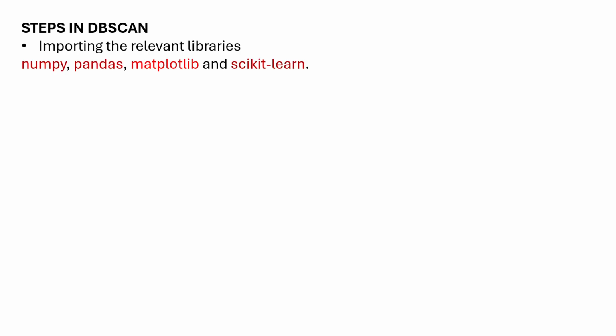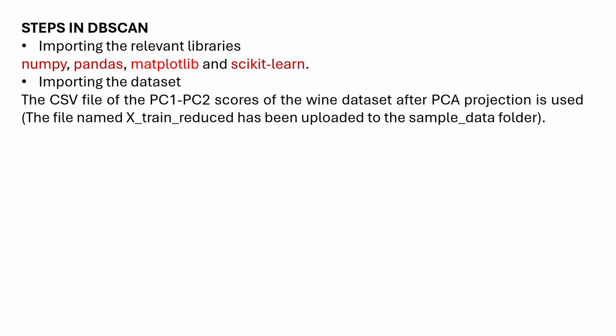First, the required Python libraries are imported, including NumPy, Pandas, Matplotlib, and the relevant models from the scikit-learn library. The principal component scores of the wine dataset obtained from the earlier PCA analysis are then imported from the CSV file.